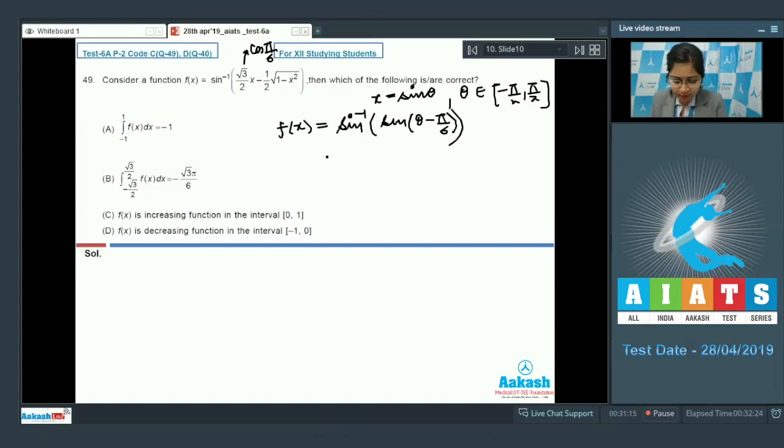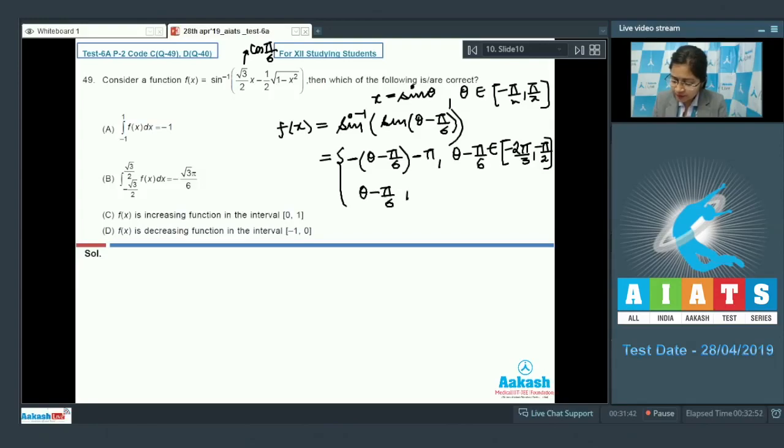So it will be equal to minus of (theta minus pi by 6) minus pi, when theta minus pi by 6 belongs from minus 2 pi by 3 to minus pi by 2, and it will be equal to theta minus pi by 6 when theta minus pi by 6 belongs from minus pi by 2 to pi by 3.